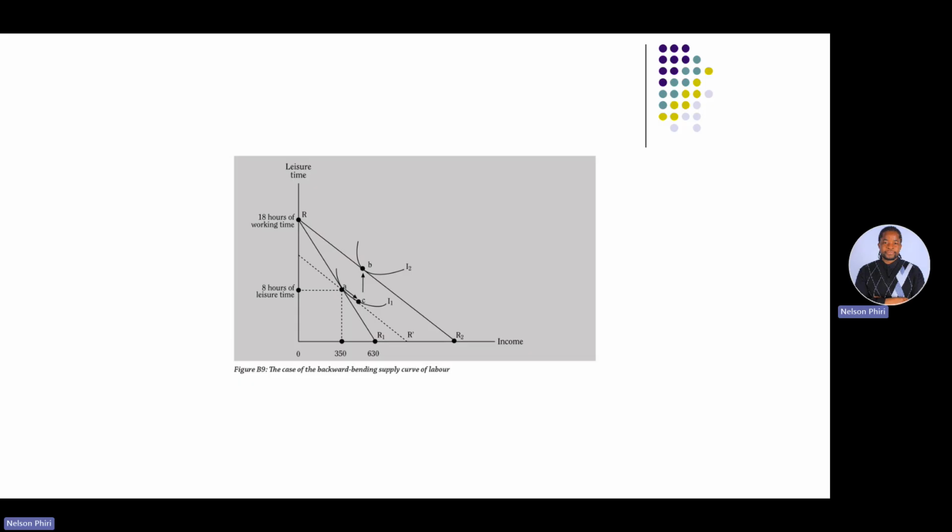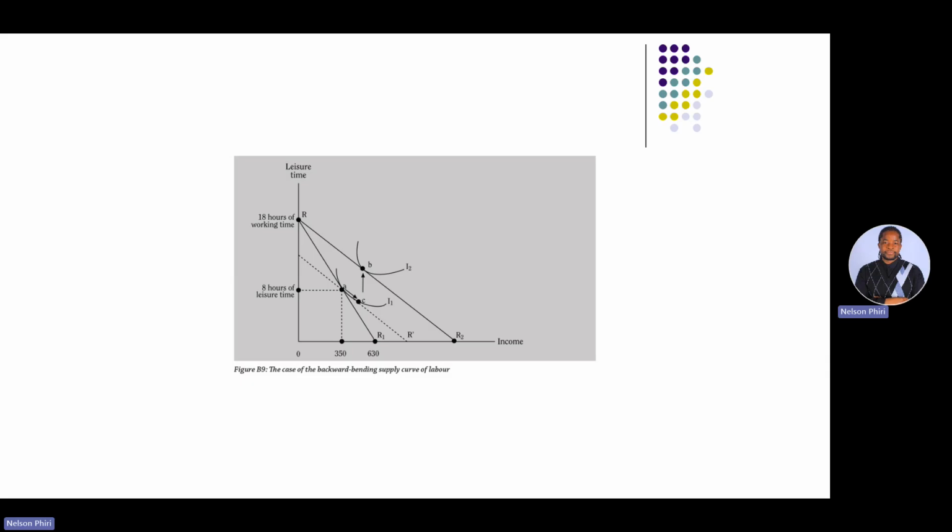It shows us that they have 8 hours of leisure and they're making 350, 10 times 35, which gives us 350. That is the 350 they're currently making for working 10 hours.